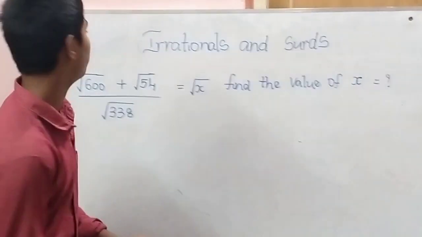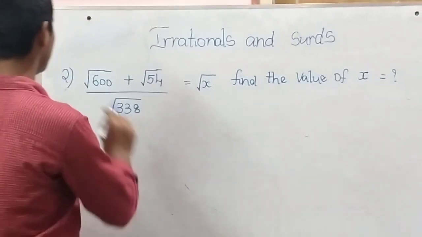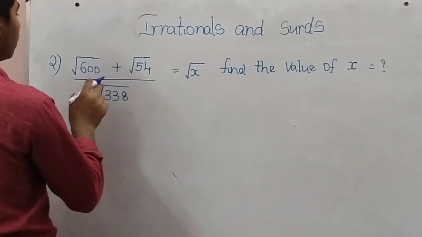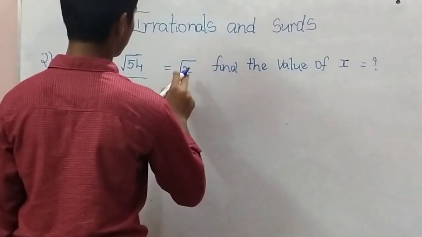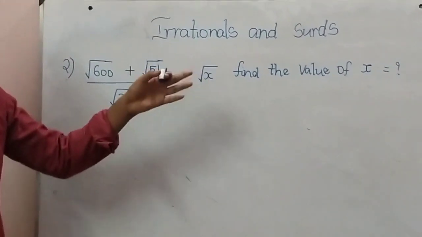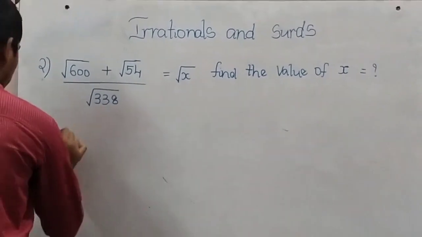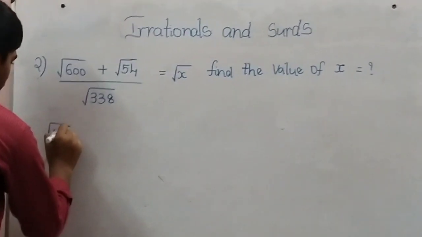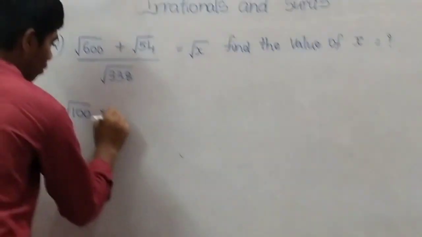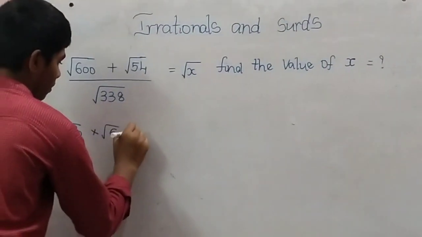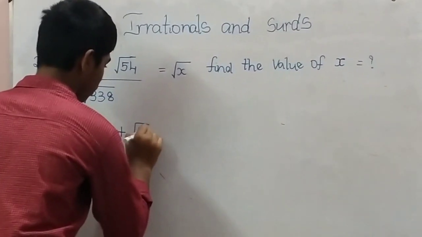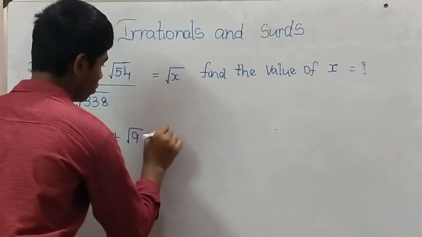Now the second problem. The question is (root 600 plus root 54) divided by root 338 is equal to root x, and we want to find the value of x. Root 600 we can write as root 100 into root 6, plus root 54 we can write as root 9 into root 6.